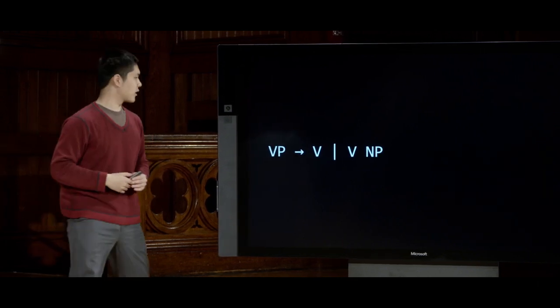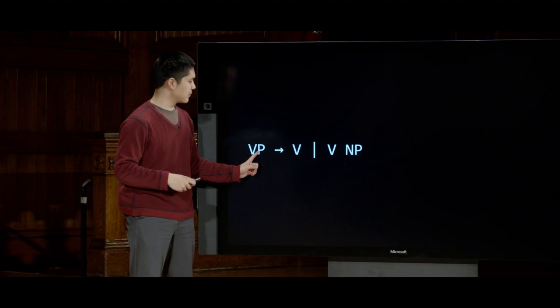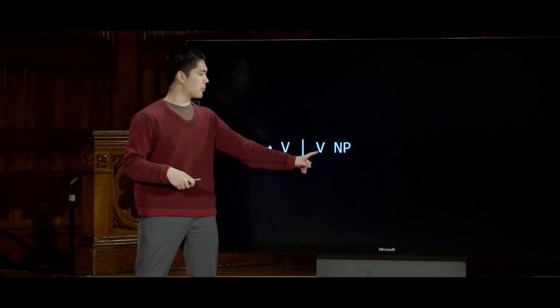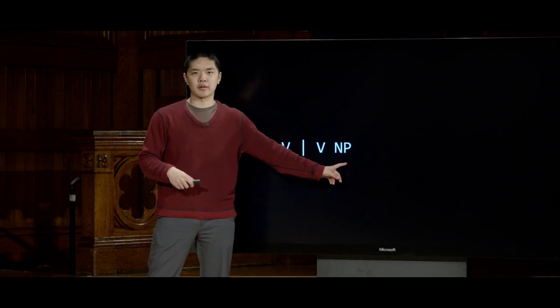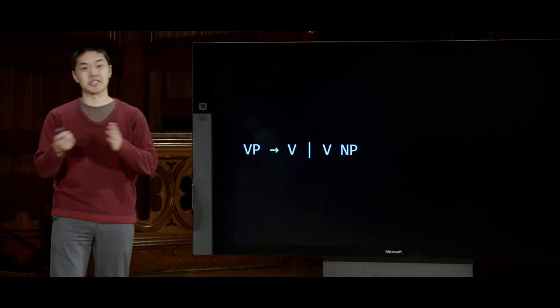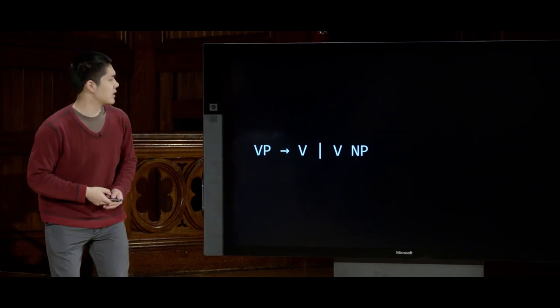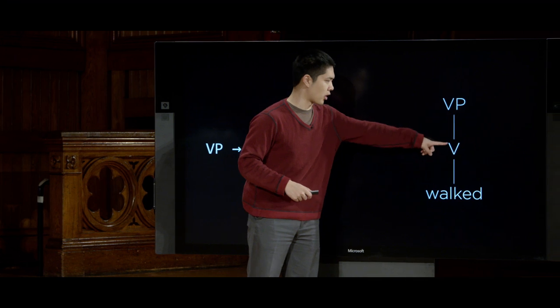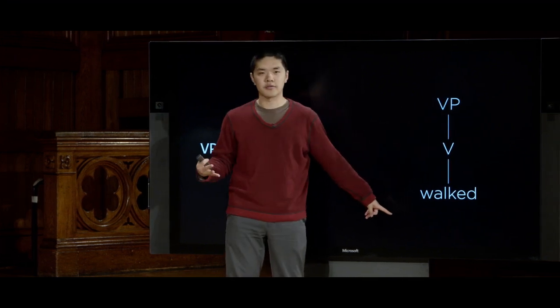And so our verb phrase might have a rule like this. A verb phrase is either just a plain verb, or it is a verb followed by a noun phrase. And we saw before that a noun phrase is either a noun or it is a determiner followed by a noun. And so a verb phrase might be something simple, like a verb phrase that is just a verb, and that verb could be the word "walked," for example.